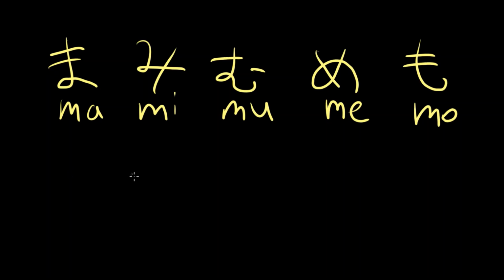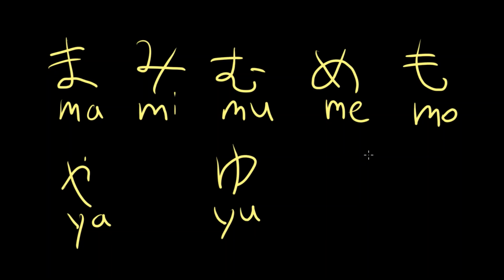Okay, the next row, there's only 3. This is the ya line. There's ya, yu, yo. Ya, yu, yo. They'll also be used later to modify the sounds a bit more. I'll get into that after though. So ya, yu, yo.